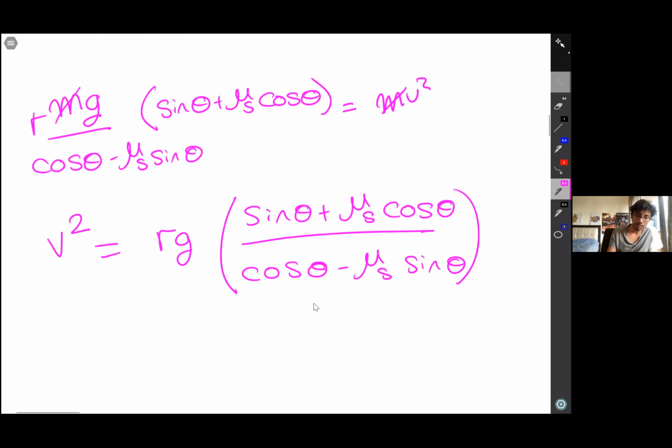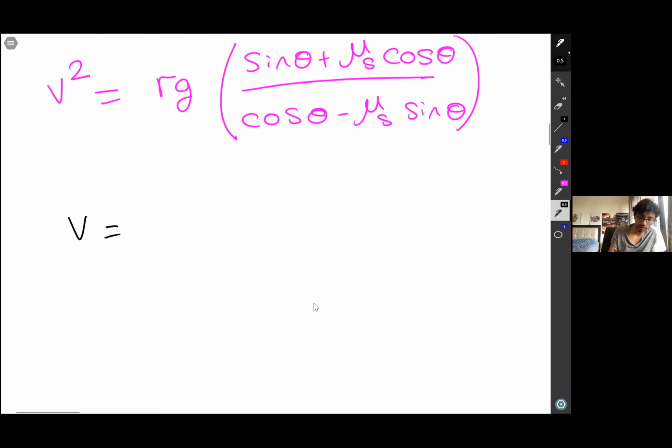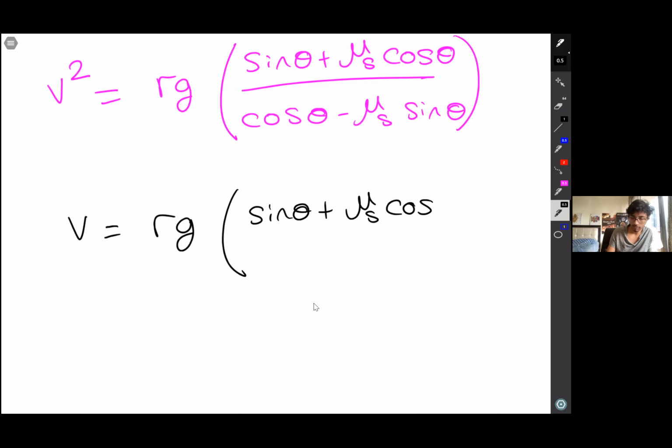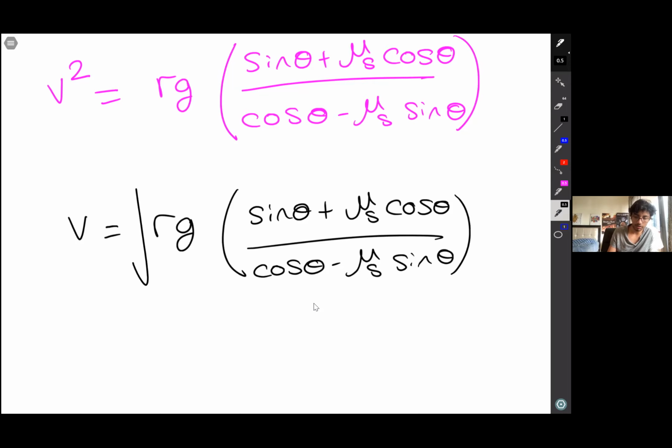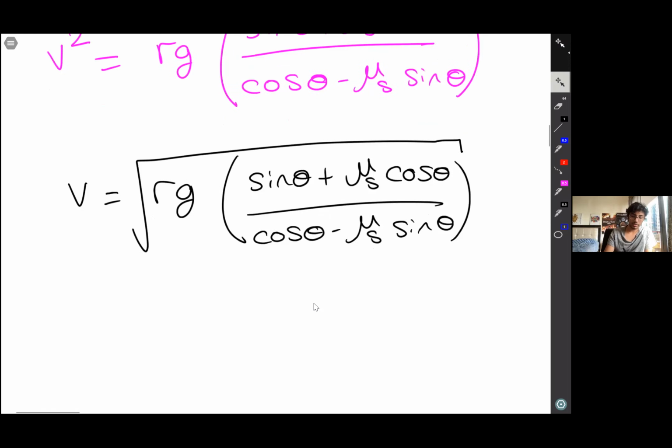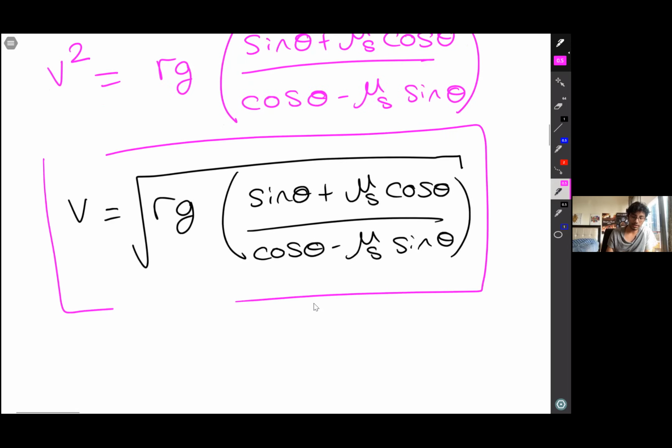And therefore, we'll get that velocity is equal to the square root of rg (sine theta plus mu s cos theta) over (cos theta minus mu s sine theta). Okay, and that is our answer for part B. This is the maximum velocity. I should probably specify it by writing V maximum.